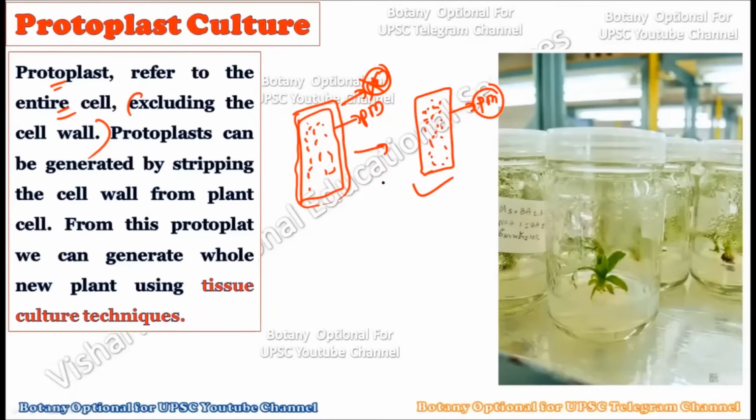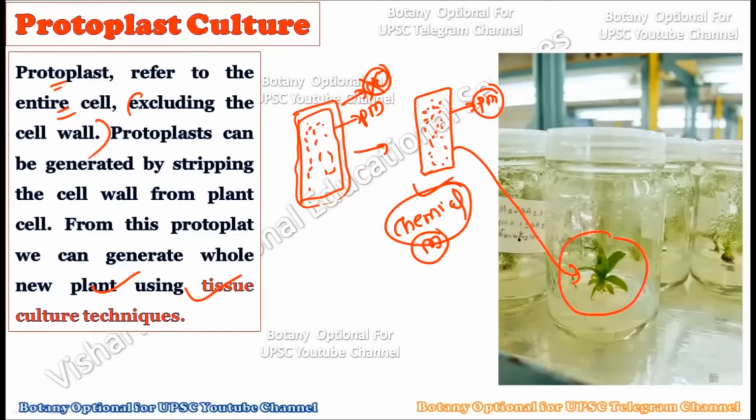To remove the cell wall, various methods like chemical methods and mechanical methods can be used for the isolation of protoplast. This protoplast, the whole plant cell without the cell wall, can be used for the generation of a whole new plant using plant tissue culture. A single protoplast can be converted into a whole new plant.